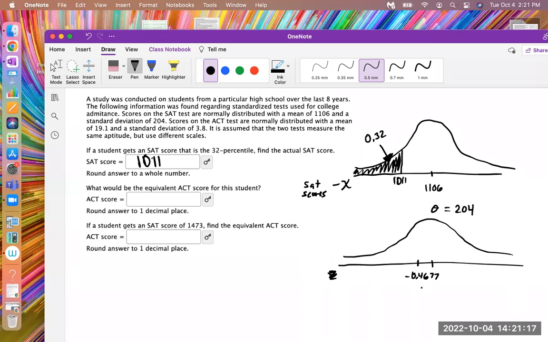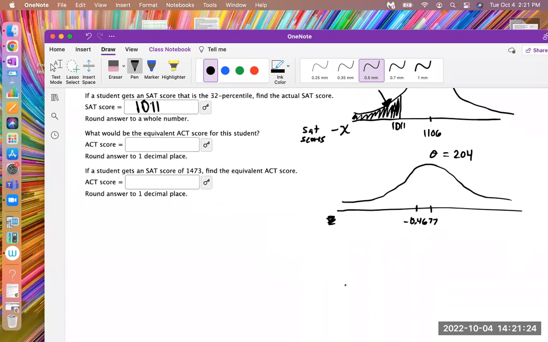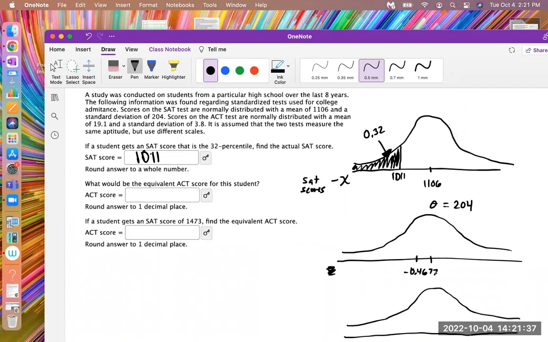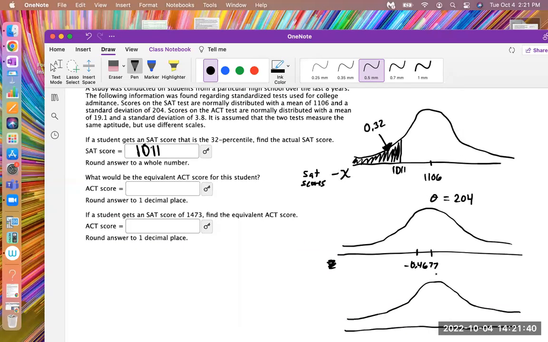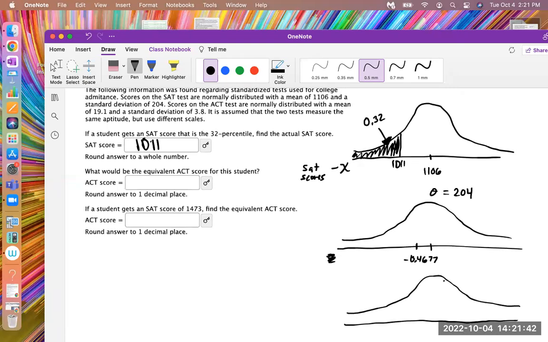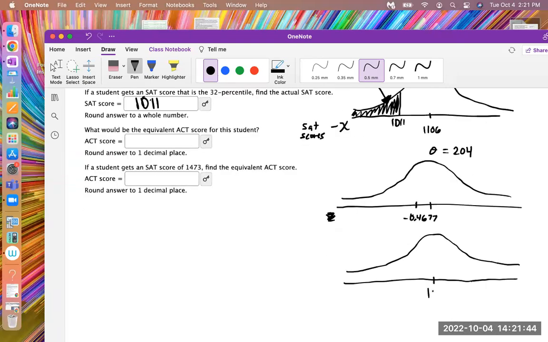Now, how do we figure out what ACT score that is? Well, we just have to figure out what is that many standard deviations below the mean in the ACT scores distribution. So here's the ACT score distribution: the mean is 19.1, and the standard deviation is 3.8.